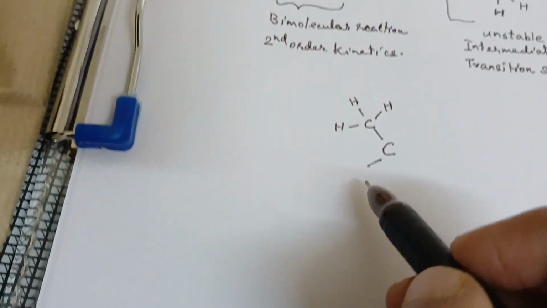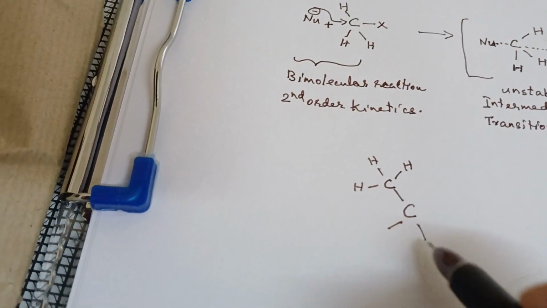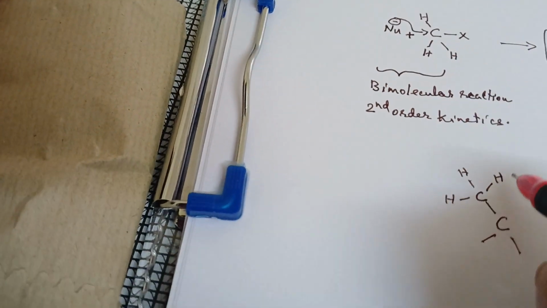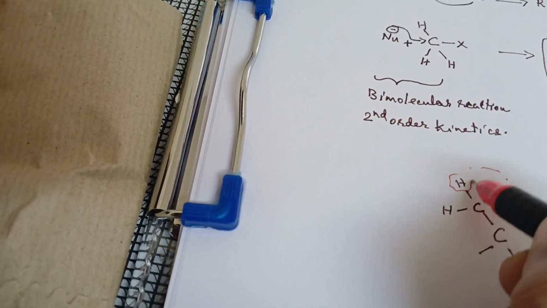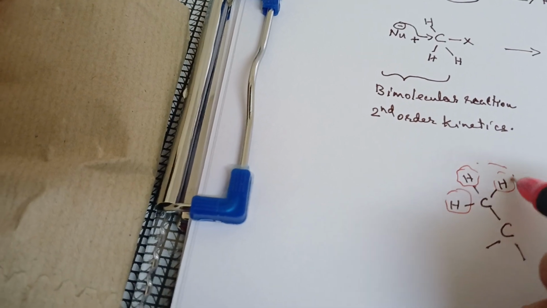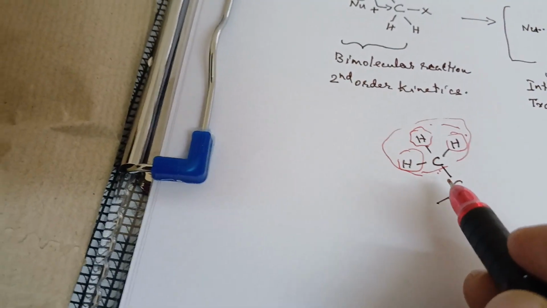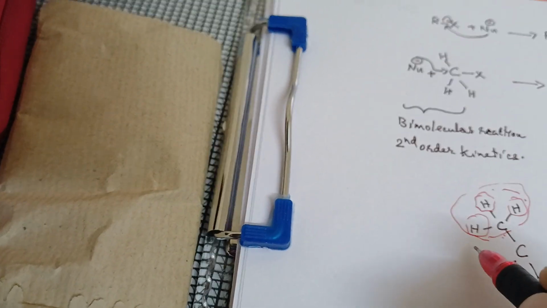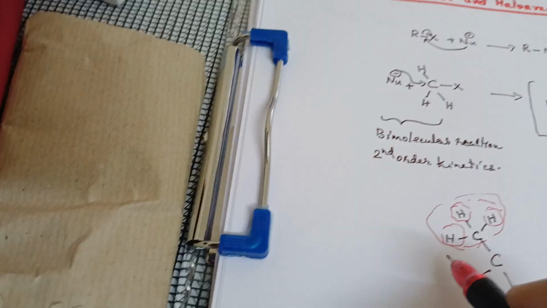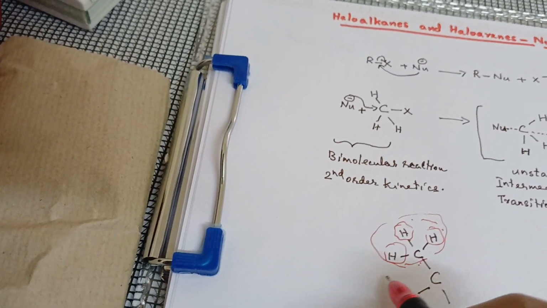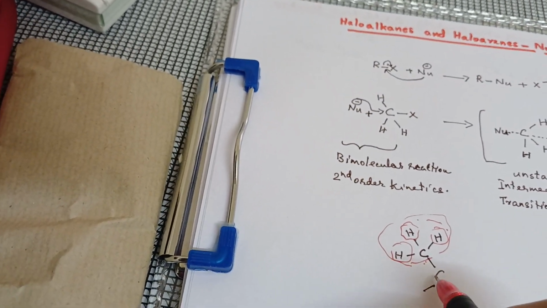And if you are having another R group here and another R here, you can see that these are huge, or these are bulkier groups, isn't it? As a whole, the CH3 will be a big group, and the nucleophile will not be able to get attached here, or it will be very difficult for it to make this attack at this site.